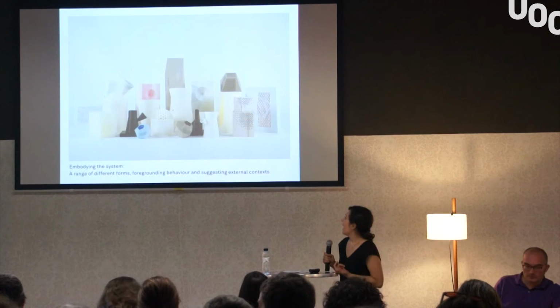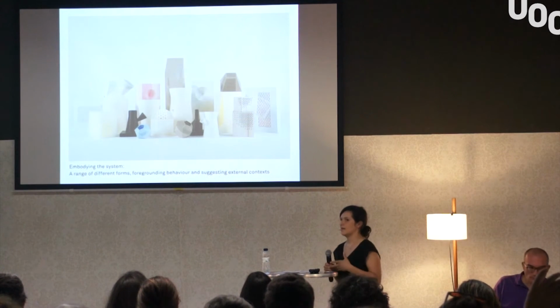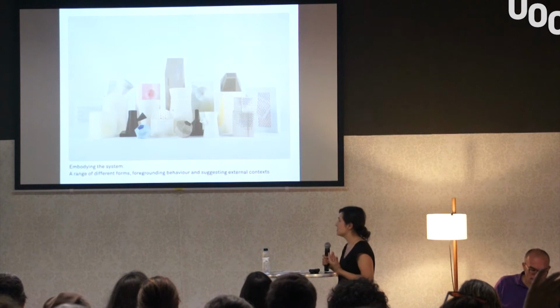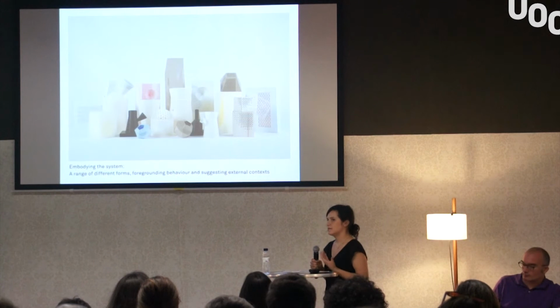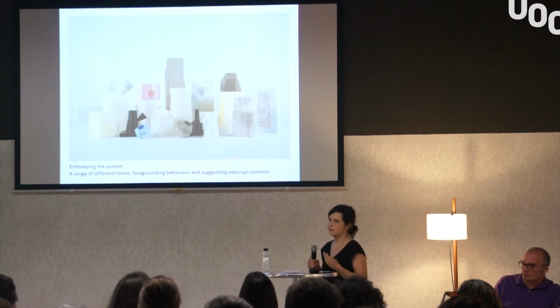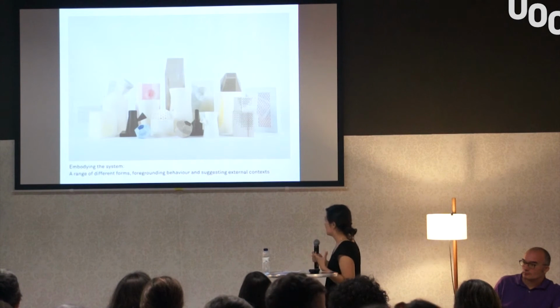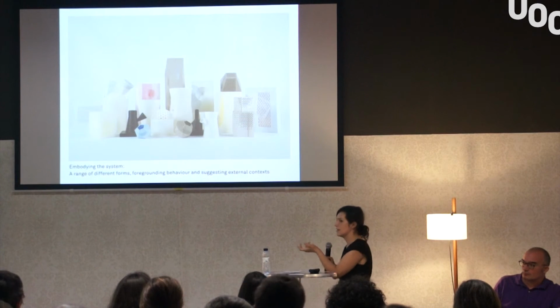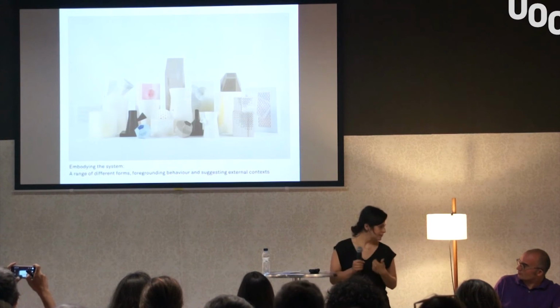Another dimension was the form design, the Babble as an object. We looked into different design directions for defining the material properties of the Babble. This is just an example of the types of iterations that we developed throughout the process.